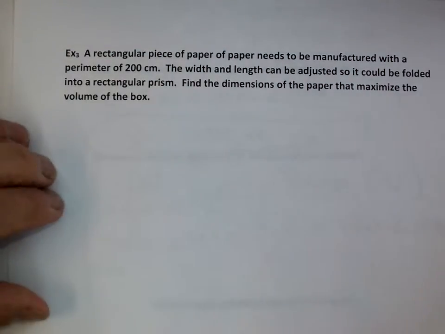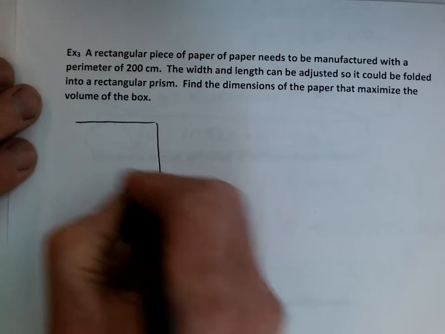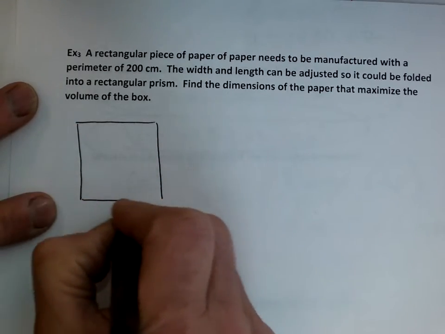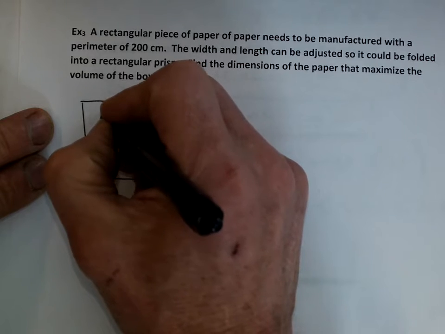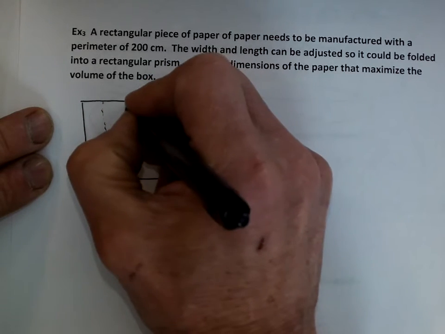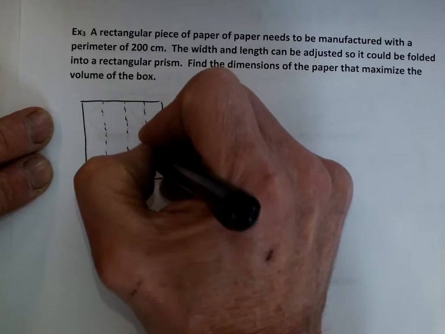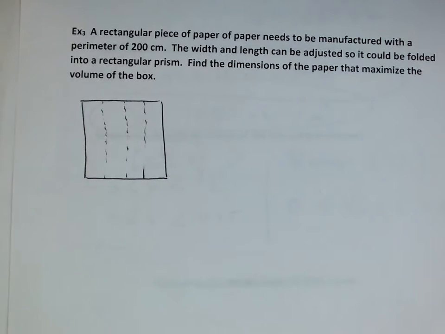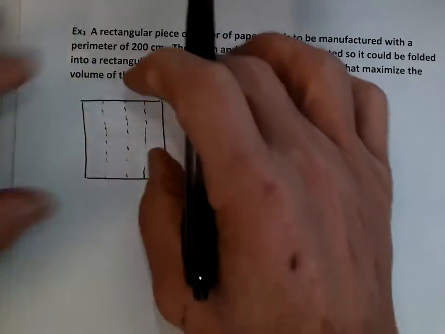So let's take a look at this one. If I have a rectangular piece of paper, I'm going to fold. I don't know how big I want to make these folds because I can adjust this paper.